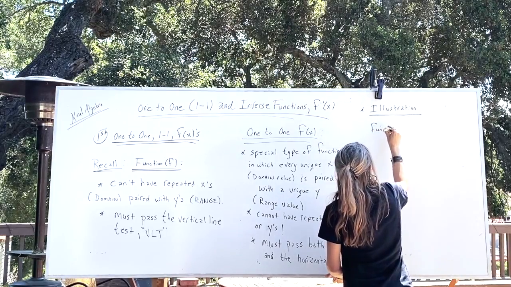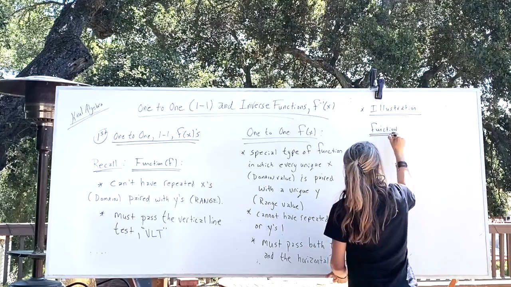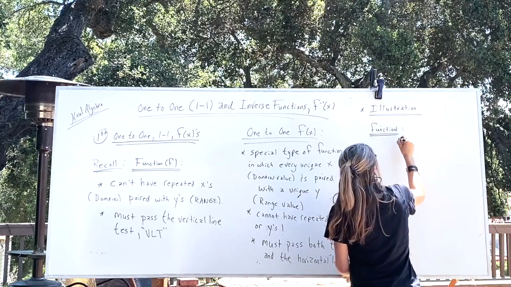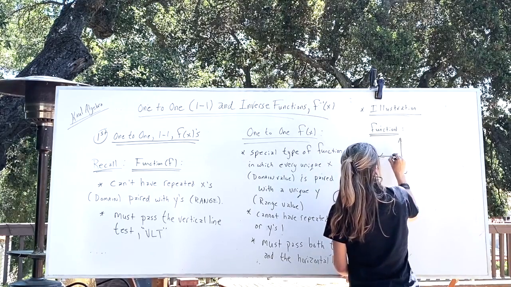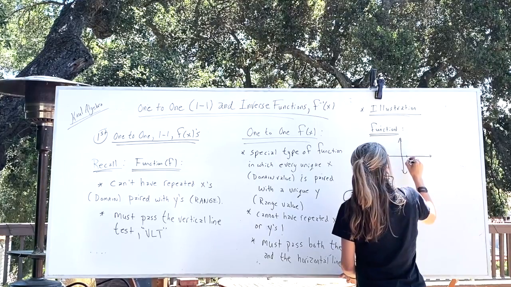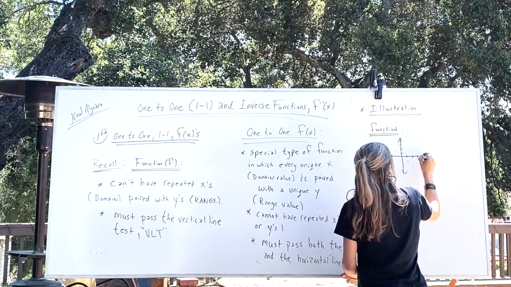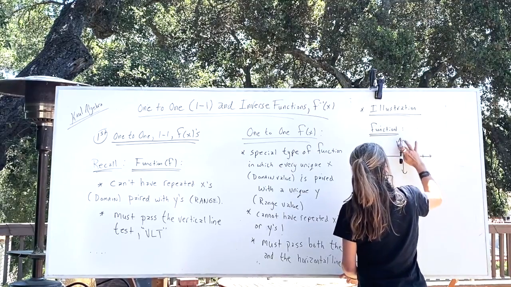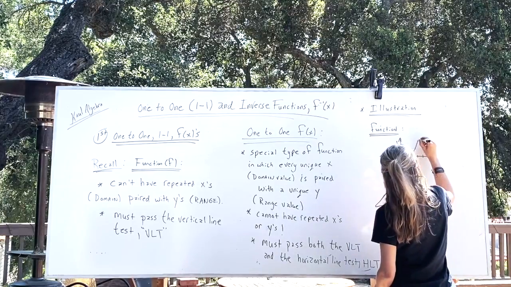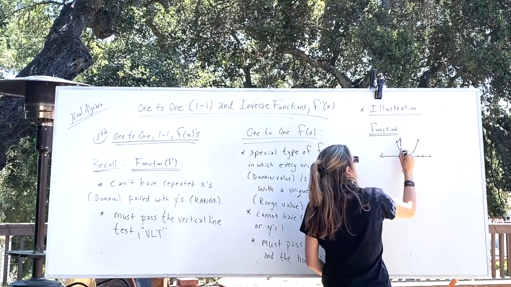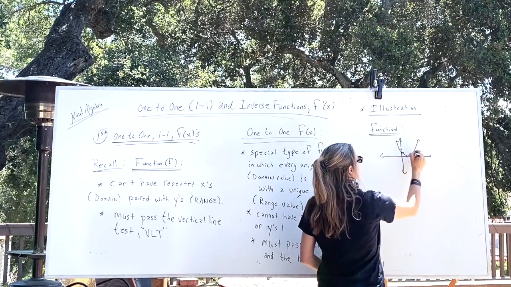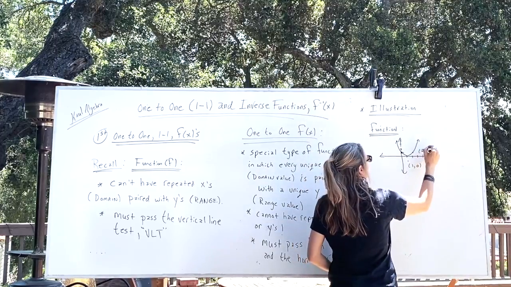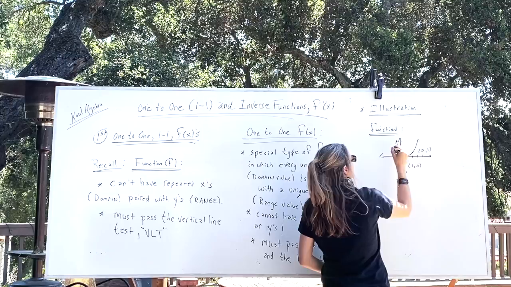Here's a function, and we're familiar with quadratic functions. So an example of a function would be a quadratic function. Look at a nice graph here. Okay, let's say this quadratic function has the points (1, 0) for its vertex, (2, 1), and on the other side we have (0, 1).